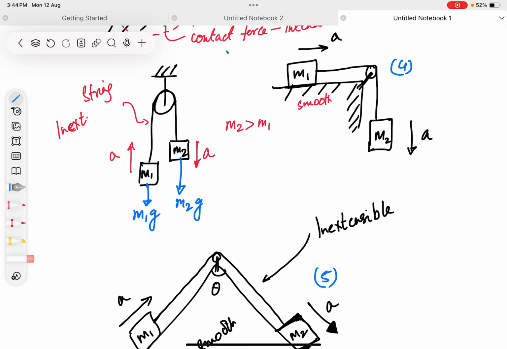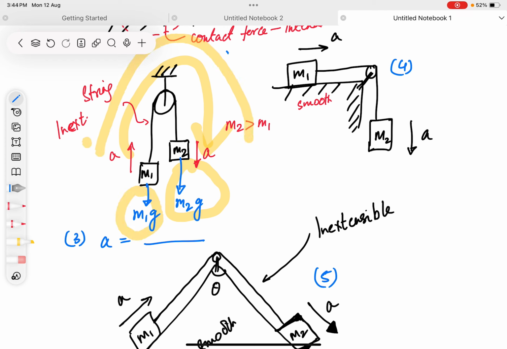So in the case of the third one, you can write the acceleration as the net pulling force. Out of these two forces, M2G and M1G, we see that they are competing in nature. This M2G is trying to make the system accelerate this way, whereas the M1G is trying to make the system accelerate the other way.